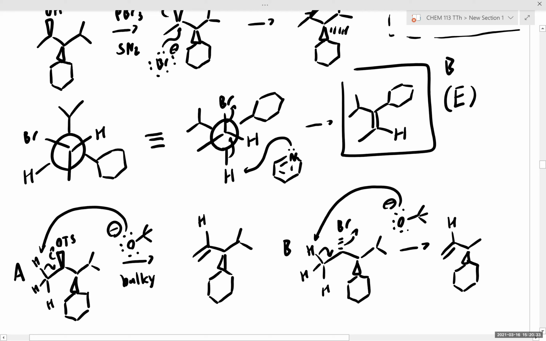Does everyone see how, depending on whether you use a tosylate or make the alkyl halide, you get different product stereochemistries, and as a consequence, the E2 reaction, which is stereospecific, gives different alkene products? This was all covered, along with some worked examples, in the chapter 17 note set. Any other questions on this example?